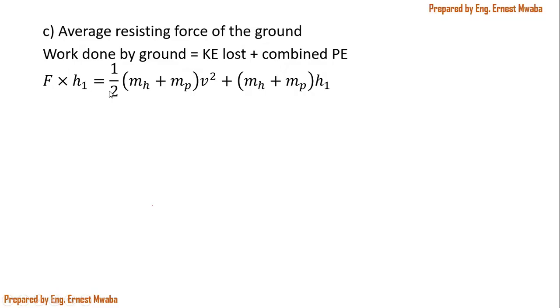Then we're saying that there's going to be some kinetic energy of this combination of the hammer and the pile. So we're saying half mv squared. That kinetic energy should be overcome. So we add the two masses this time: mass of the hammer plus mass of the pile times v squared, and there's half there.